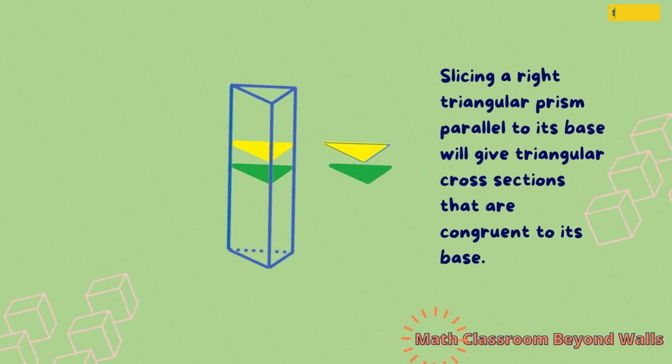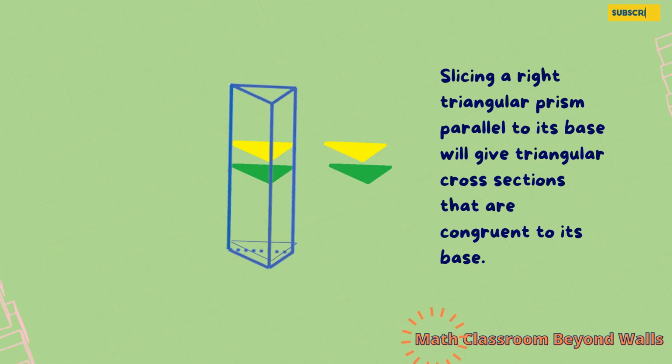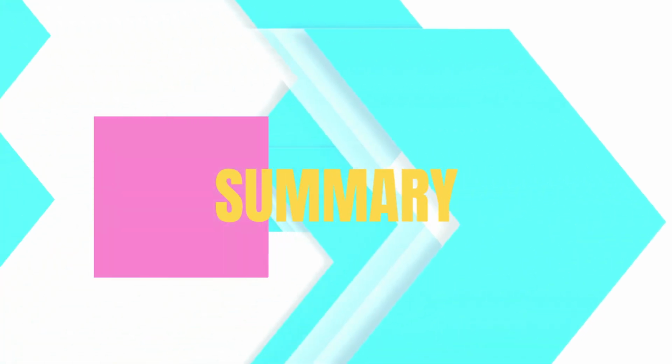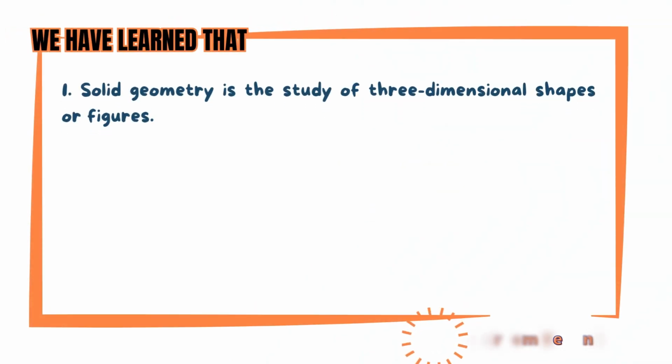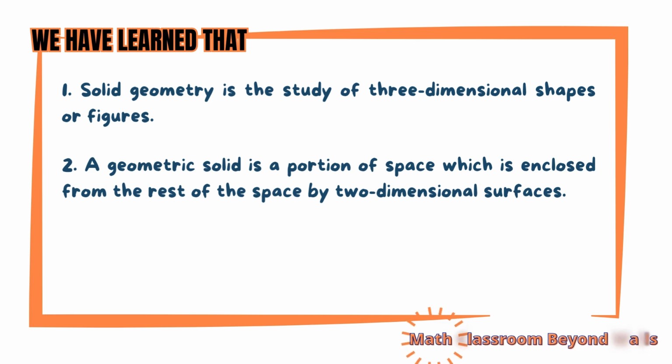There you are, learners. I hope you acquired lots of learnings in today's video. Let us summarize what we have learned today. We have learned that, first, solid geometry is the study of three-dimensional shapes or figures. Second, a geometric solid is a portion of space which is enclosed from the rest of the space by two-dimensional surfaces.